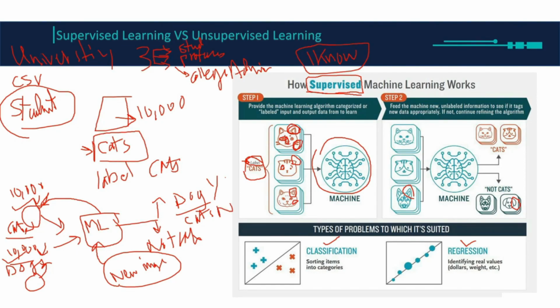Yes, no, 0, 1. Binary classification, just like I told you. So here we can see that it can classify cats and not cats, which means dogs. This is how it works, in simple terms.